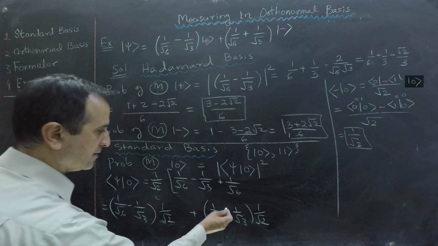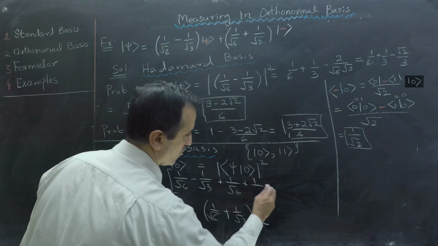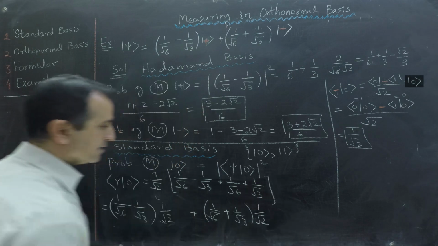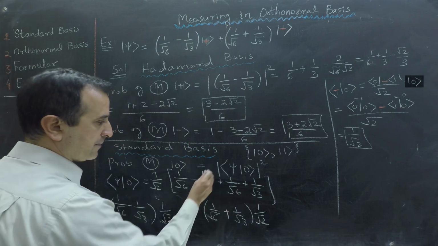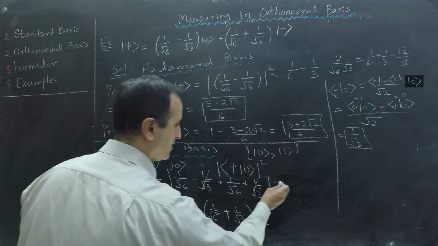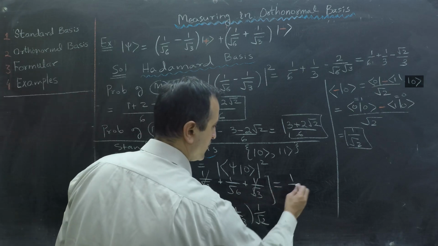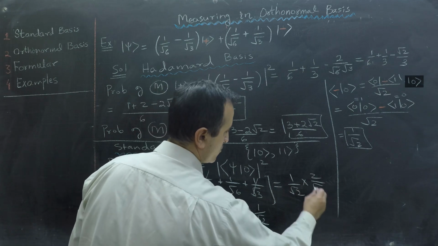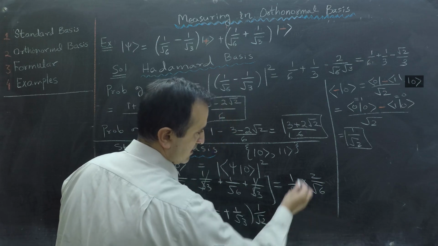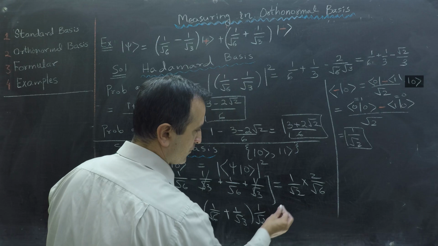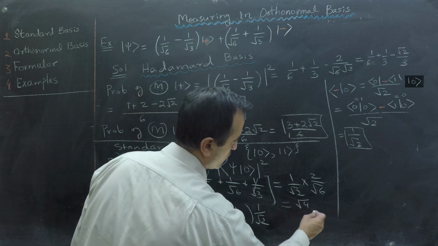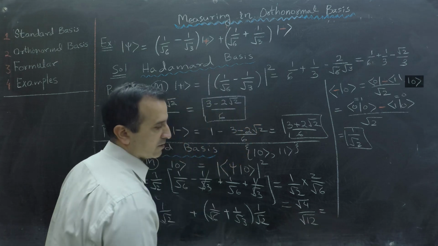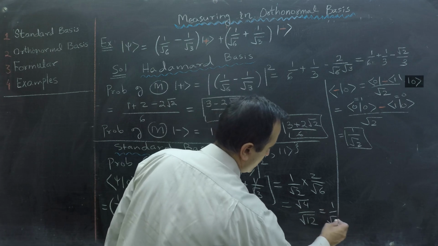I think this should be plus, so plus 1 over square root of 3, and then these two terms will cancel with each other, and my final answer will be 1 over square root of 2 times 2 over square root of 6, and this simplifies to square root of 4 over square root of 12, which is equal to 1 over square root of 3.